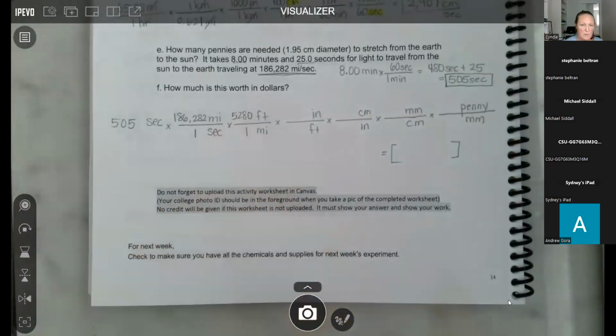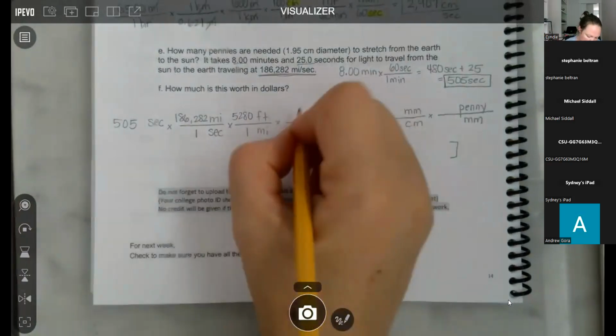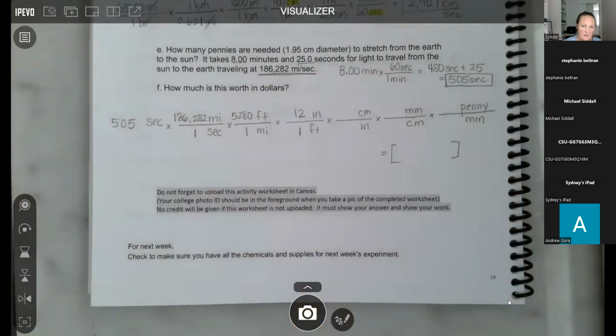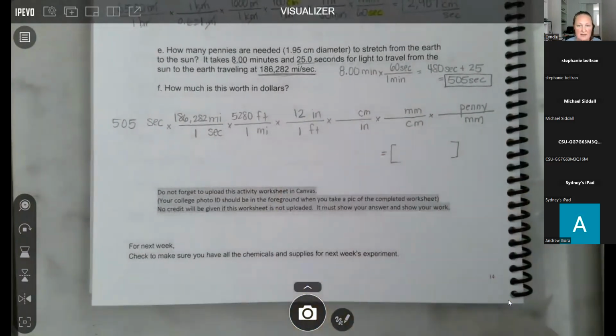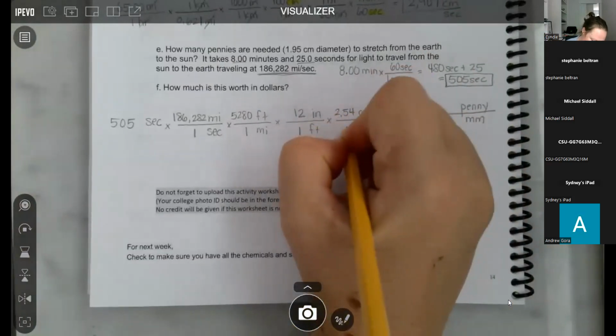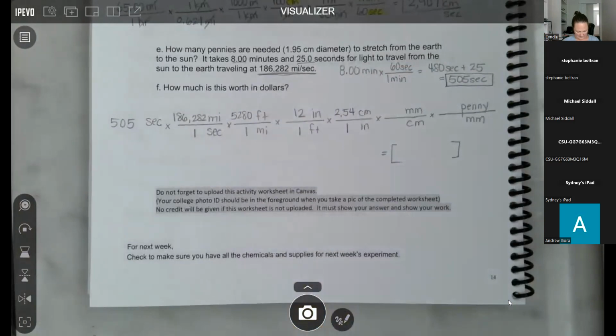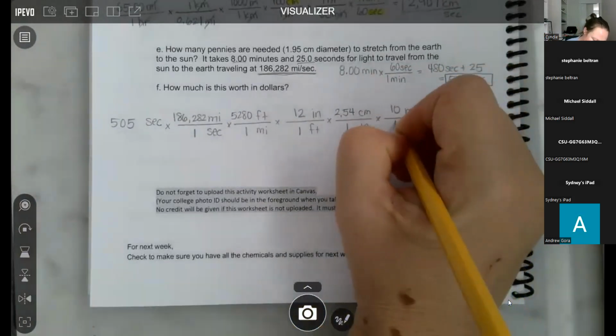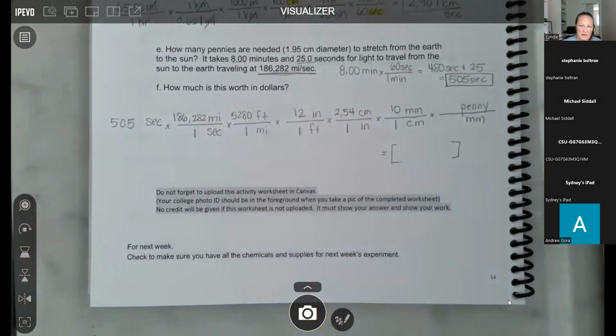You just want to look for the one that's closest to that. We do know that there are 12 inches in a foot. You might have memorized this one already, depending on how many lecture problems you've done. There are 2.54 centimeters in an inch. That's usually one somebody uses a lot. And then 10 millimeters in a centimeter.